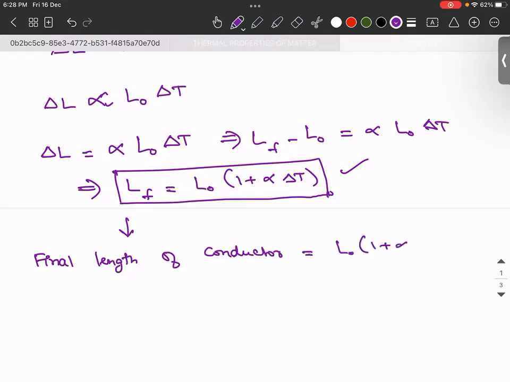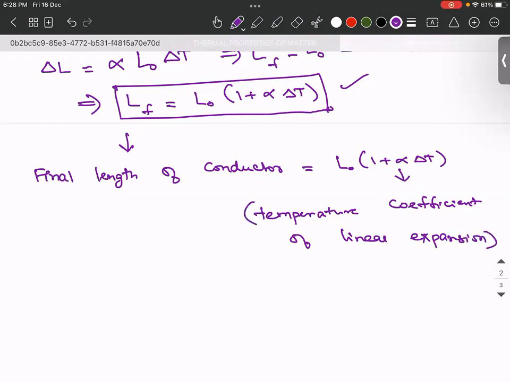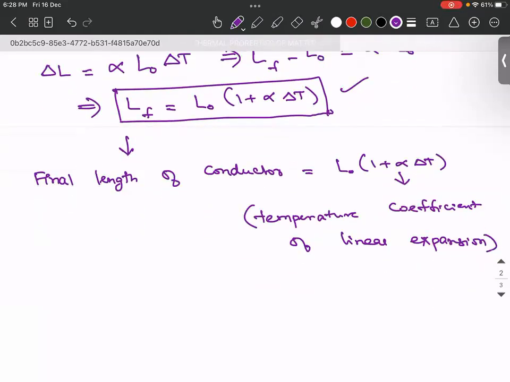L naught into 1 plus alpha into delta T, where this alpha is called the temperature coefficient of linear expansion. So it's called the temperature coefficient of linear expansion.